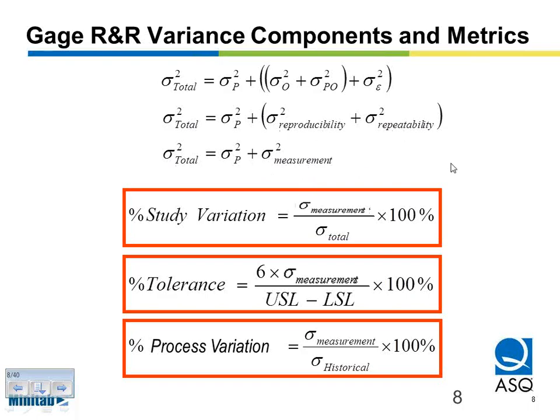What we do with those estimates of variability is combine them into certain ratios that give us a sense of the capability of the measurement system.